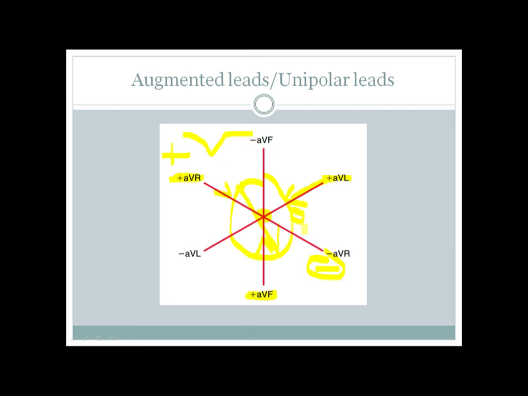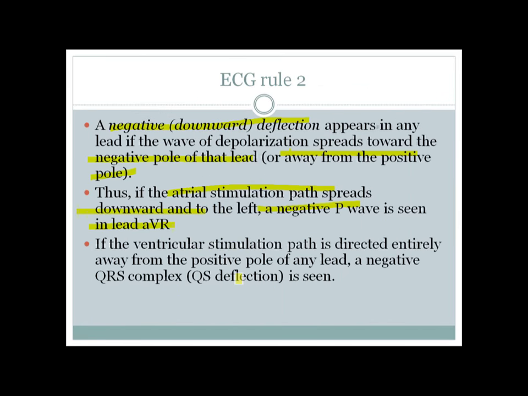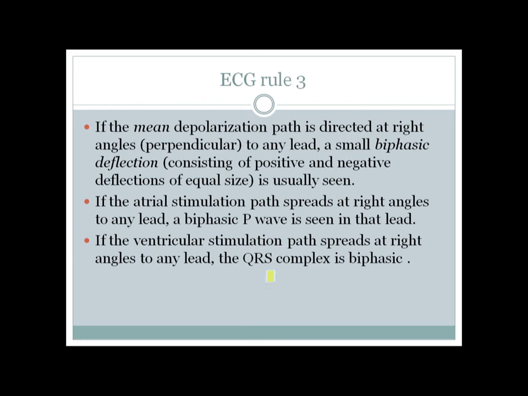And if we see that electrical activity from AVF, it will produce a positive P wave in lead AVF. And if the ventricular stimulation path is directed entirely away from the positive pole of any lead, a negative QRS complex or QS deflection is seen.